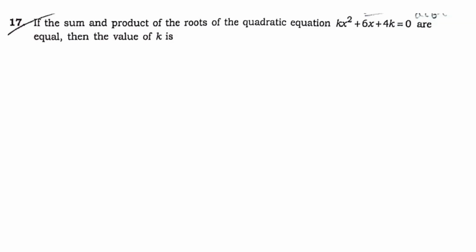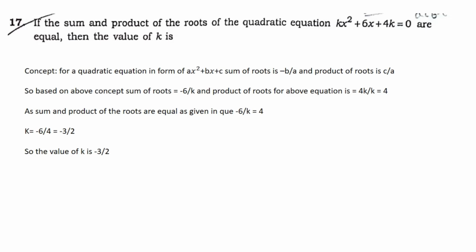Right? Next question. If the sum and product of the roots of the quadratic equation kx square plus 6x plus 4k equal to 0 are equal, then the value of k is. We already discussed this concept in the previous question. For a quadratic equation in the form ax square plus bx plus c, the sum of roots is minus b by a and the product of roots is c by a.